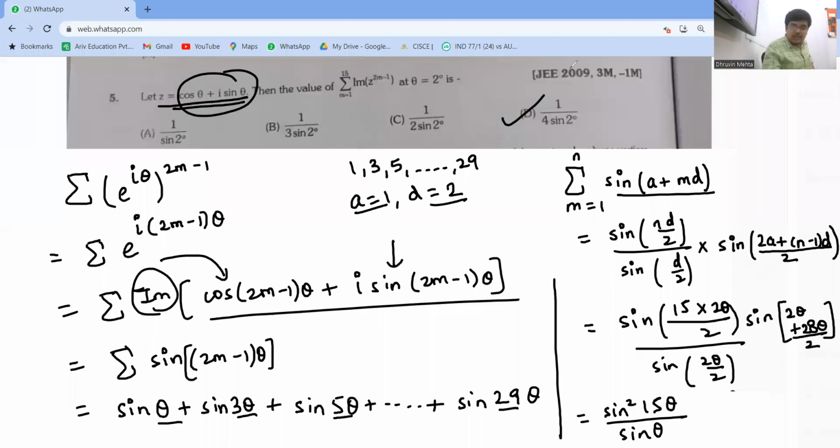फॉर्मूला लगाने की जगह sin theta plus sin 3 theta plus up to sin 29 theta, sin c plus sin d का फॉर्मूला. Sin theta और sin 29 theta को साथ में लो.